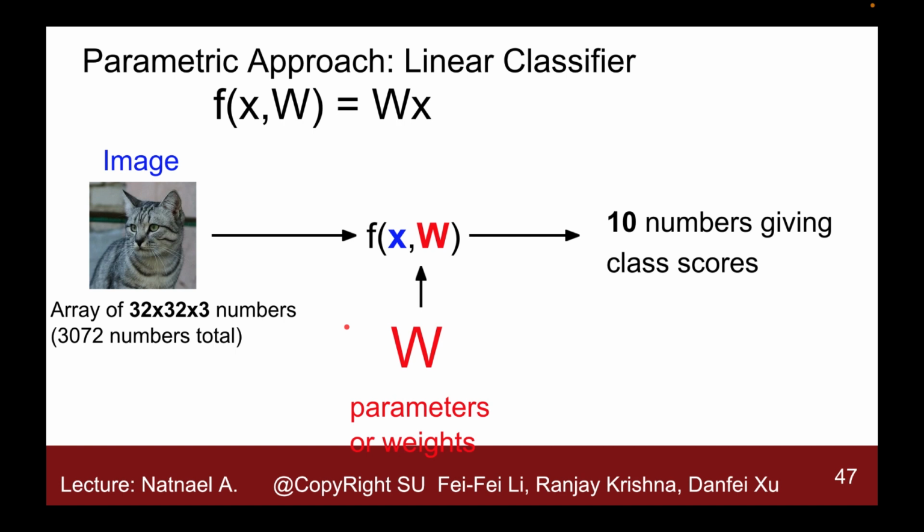There are different parametric approaches. There could be linear or non-linear. Here we are about to see the linear classification approach, the linear classifier. According to the linear classifier, f of x, W is equal to Wx. That means, as we already mentioned, f of x, W yields a list of 10 numbers, but it takes the whole image, all the pixels of one image, and the corresponding classes times the corresponding weights.